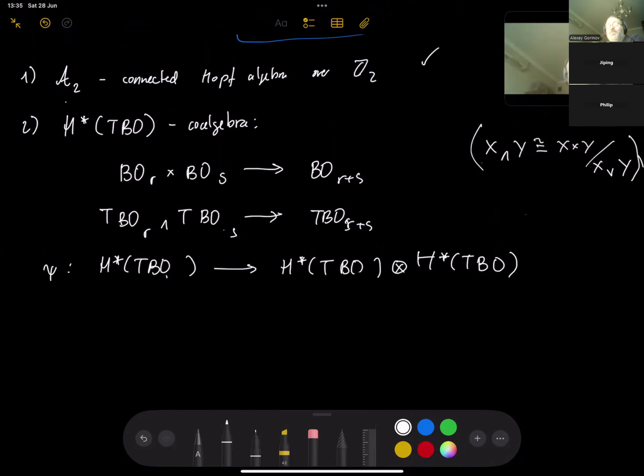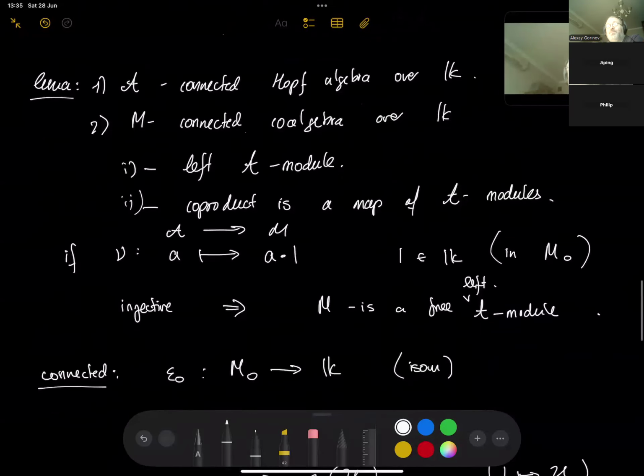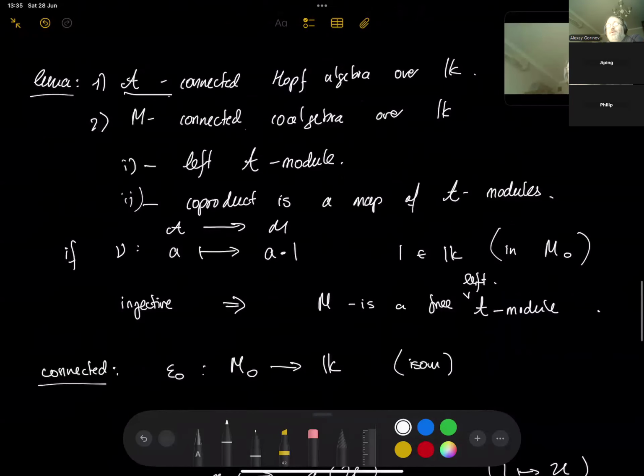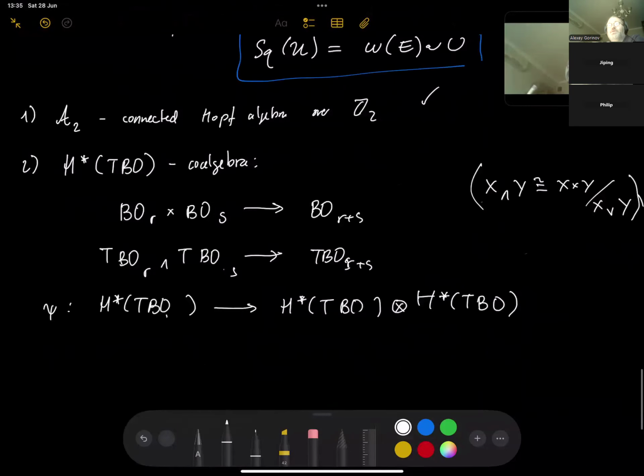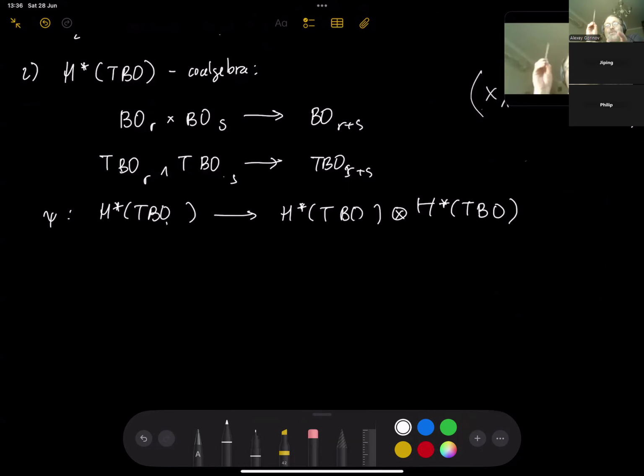But the lemma only needs A to be a connected Hopf algebra, not M. Then what is psi here?